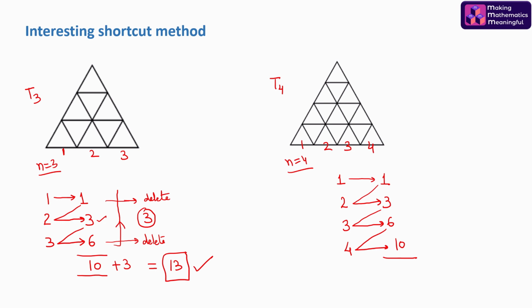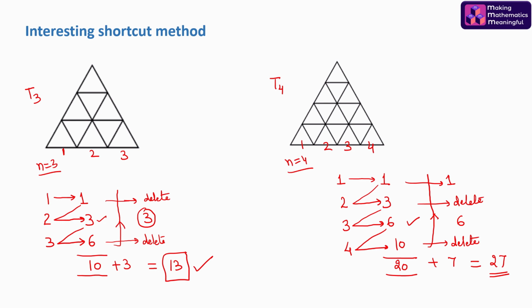So we are getting 20. Next, what are we supposed to do? From bottom to top, start deleting and accepting the alternate numbers. Delete this number, but accept this number. Delete this number and accept this number. So this is 1 plus 6, which is 7. Add this to the previous number so counted. So the total number of equilateral triangles in this is 27.